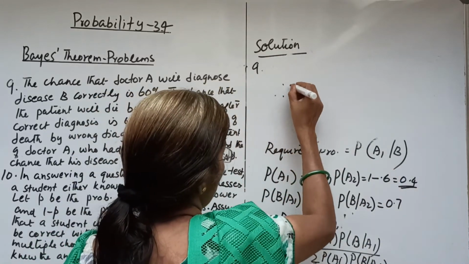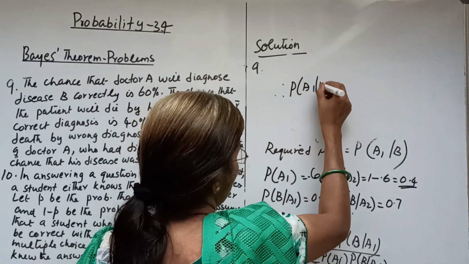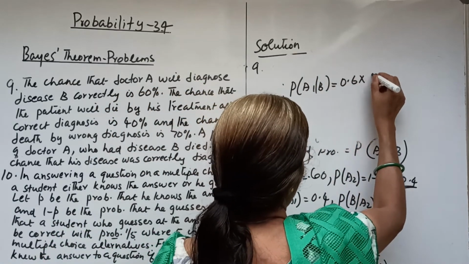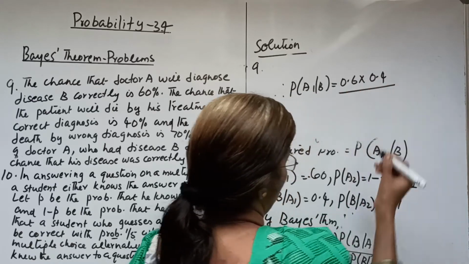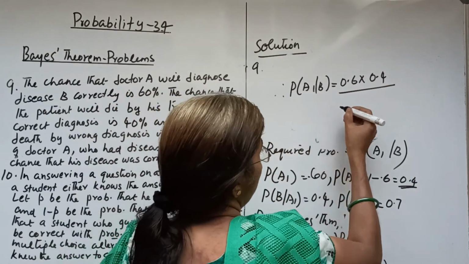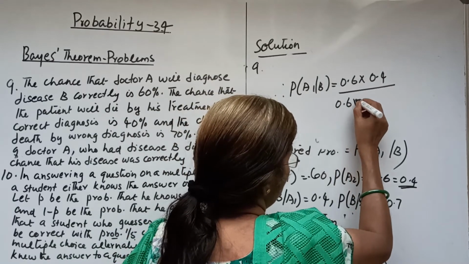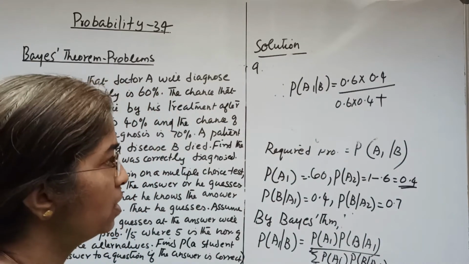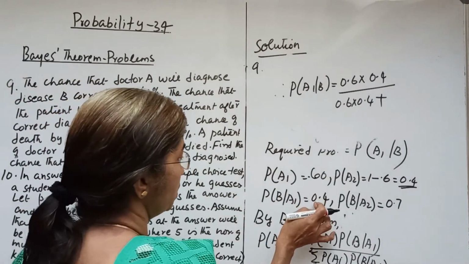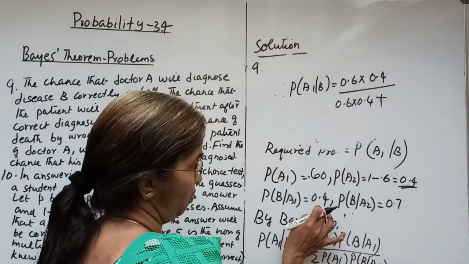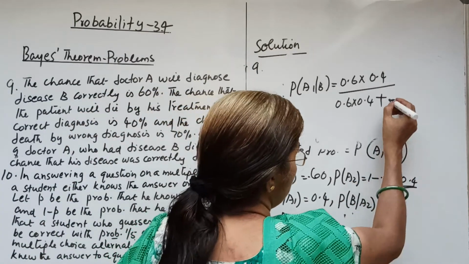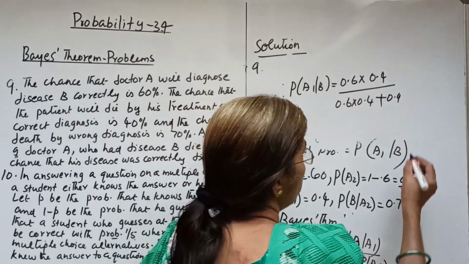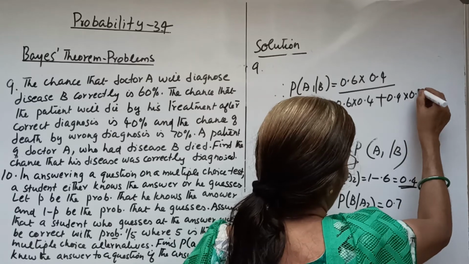That is, P of A1 given B equals P of A1, which is 0.6, into P of B given A1, which is 0.4, divided by the same 0.6 into 0.4, P of A1 into P of B given A1, plus P of A2, which is 1 minus P of A1, that is 0.4, into P of B given A2, which is 0.7.